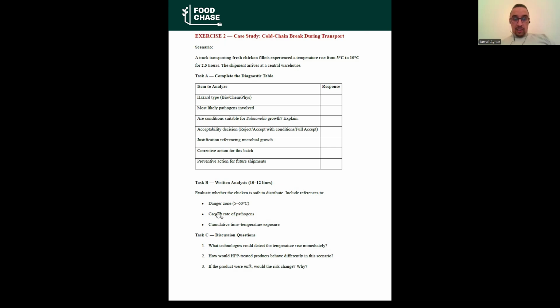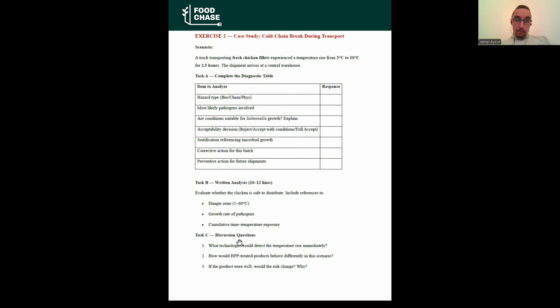Mention exactly the danger zone, for example, 5 to 60 degrees, exposure time of, for example, 2 hours, and cumulative time-temperature, 2 hours cumulative risk for this danger, and that chicken is high risk, as an example.